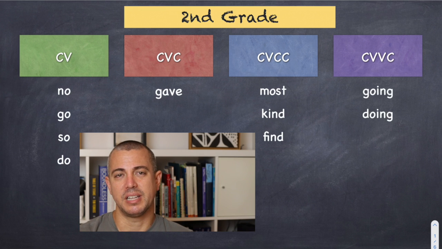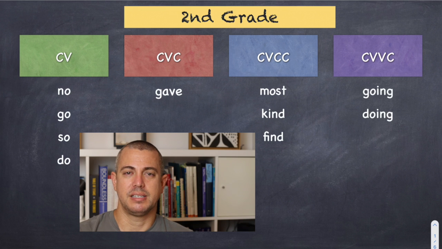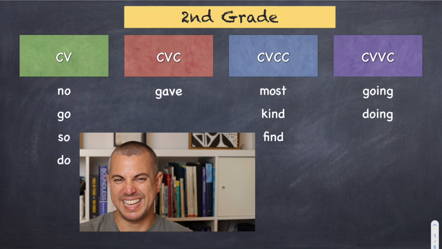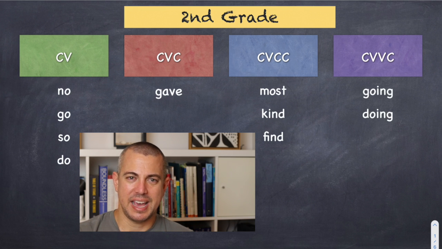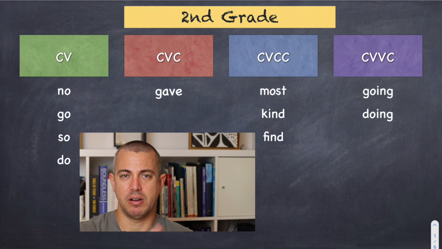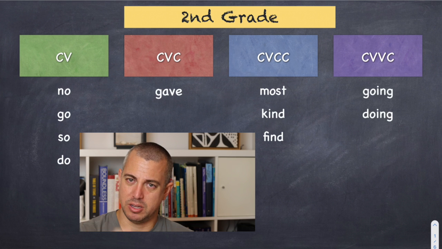So we have words like do and to where it's not really going to play fair. And then we have consonant vowel consonants where we had the word gave. We have consonant vowel consonant consonants, where they're blended consonants at the very end, with ST and ND. And in our last category for the inflectional endings, we had consonant vowel vowel consonants with going and doing.